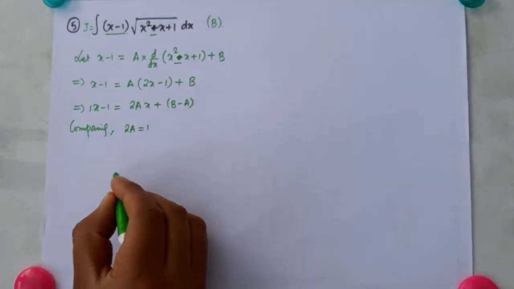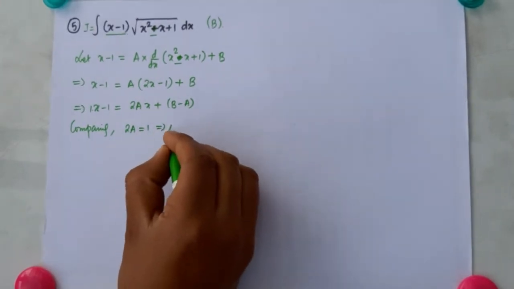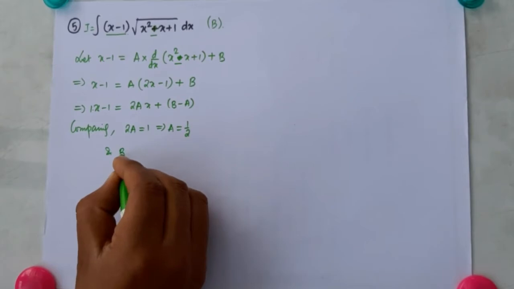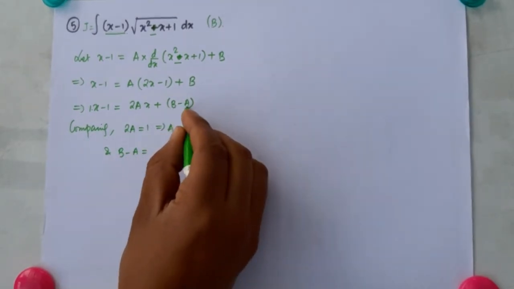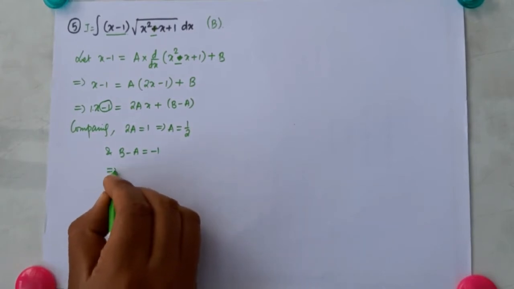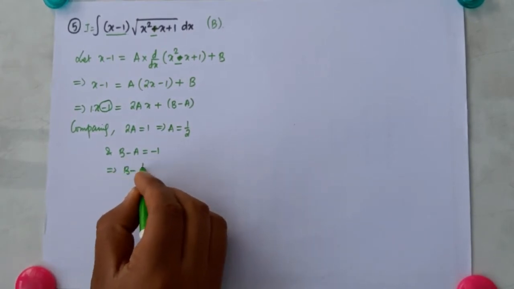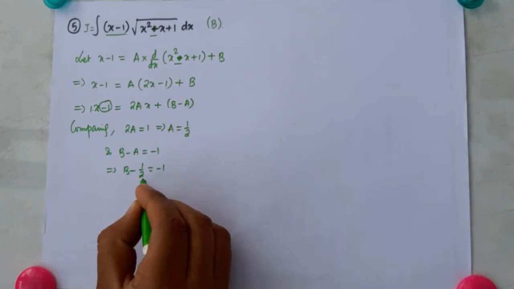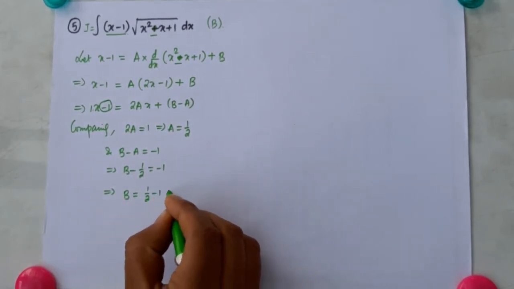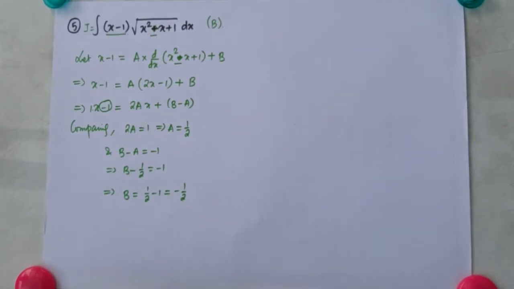So 2a equals 1, which gives me a equals half, isn't it? And b minus a, that is the constant term, will be equal to minus 1, isn't it? Now you know the value of a, which is half. So from here the value of b turns out to be half minus 1, which is minus half.